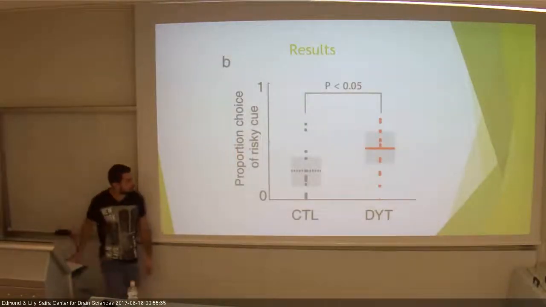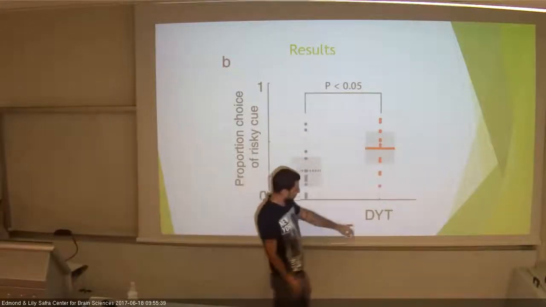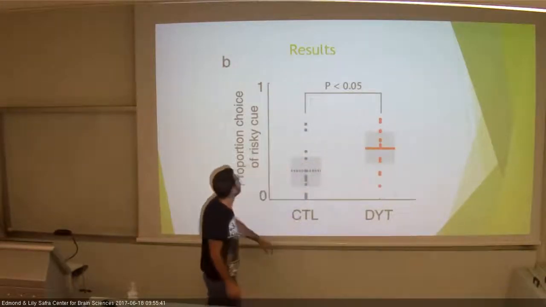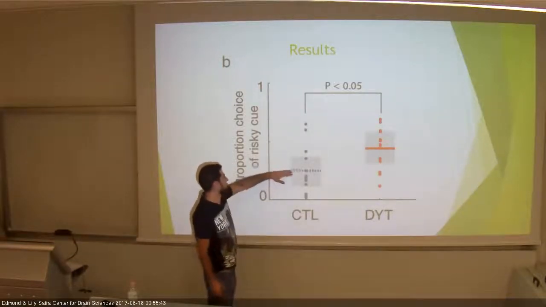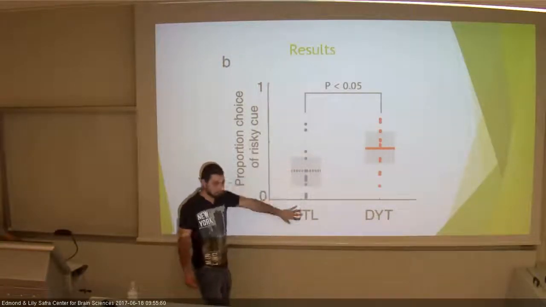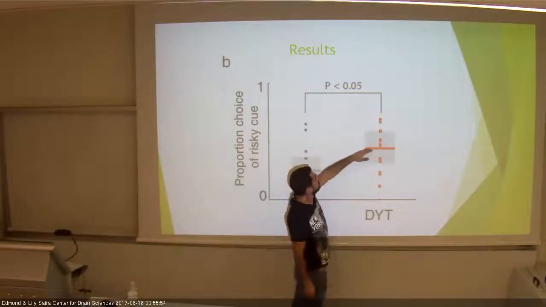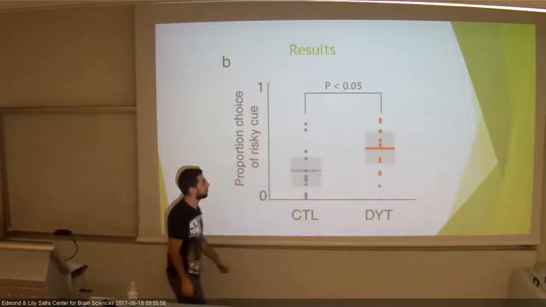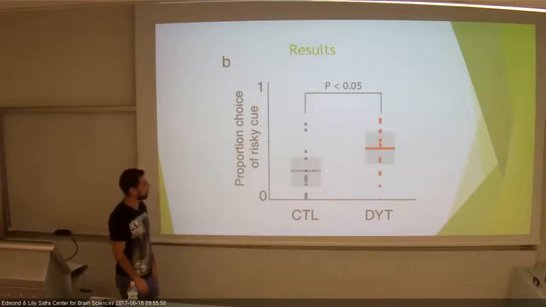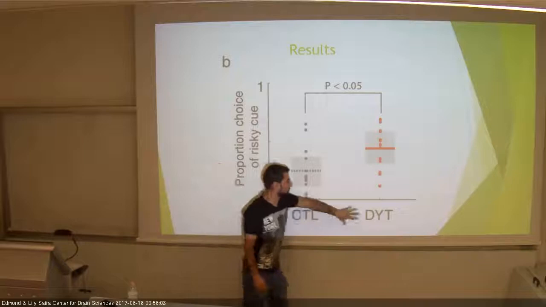And these are our results. This is pretty straightforward. This is group D, group C, and this is the mean for group C to take the risky Q, and this is the mean for group D to take the risky Q, and there's a significant probability of this not occurring just because we're taking random people.